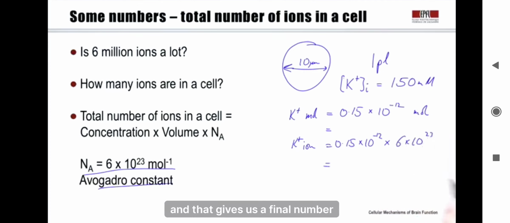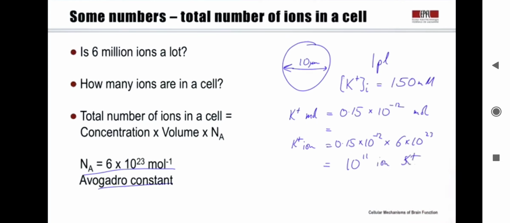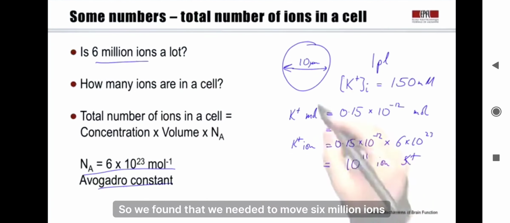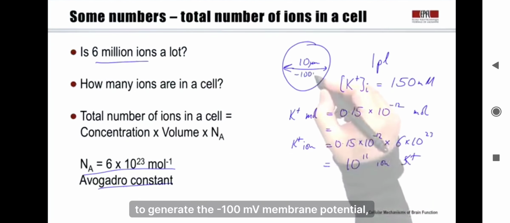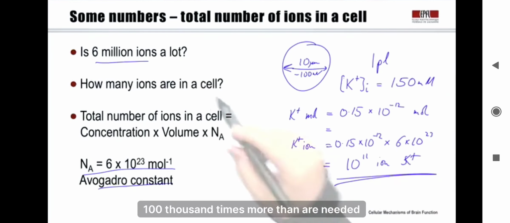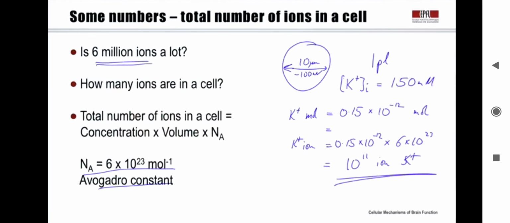And that gives us a final number of 10 to the power of 11 ions of potassium inside an individual cell. So we found that we needed to move 6 million ions to generate the minus 100 millivolt membrane potential, but inside a cell we have 10 to the power of 11 ions, 100,000 times more than are needed to generate the electric field.